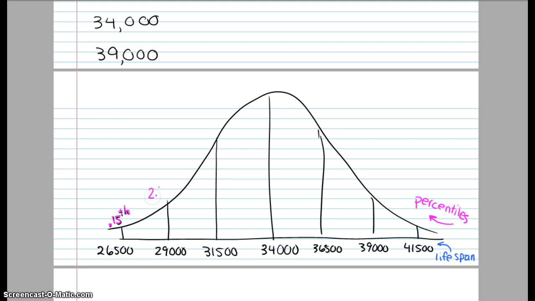This is going to be the 2.5th percentile, which is a lifespan of 29,000 miles. 31,500 is the 16th percentile. 34,000 miles lifetime is the 50th percentile. 84th percentile. 97.5th percentile. And this last one, 99.85th percentile.